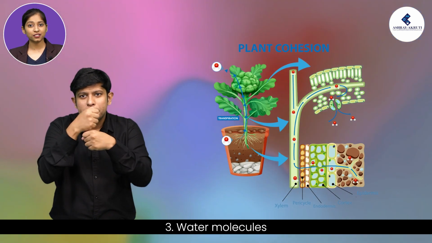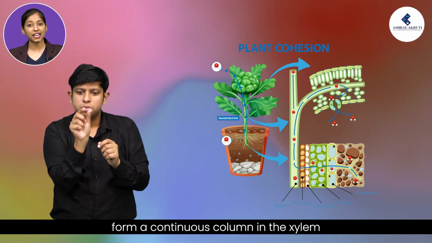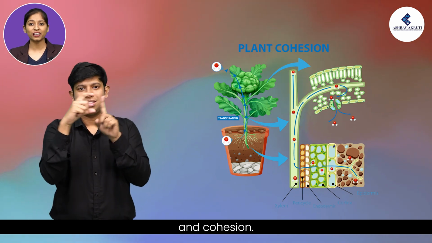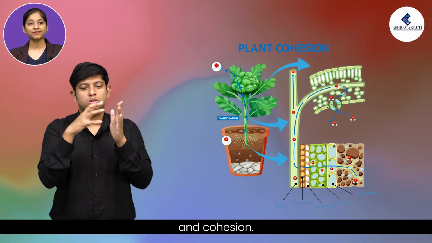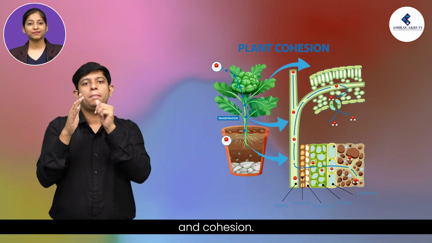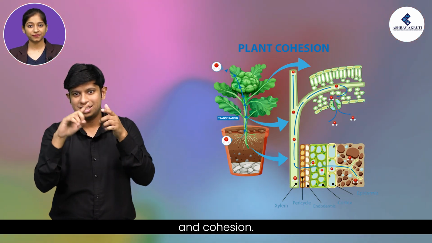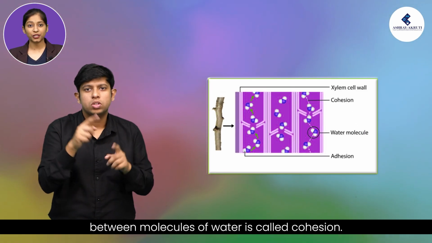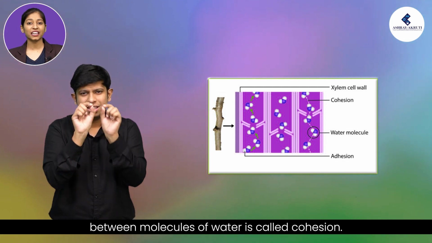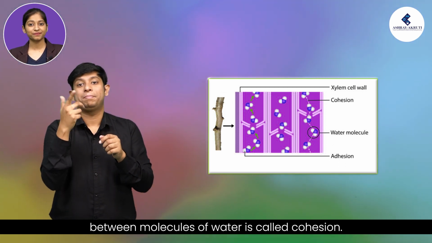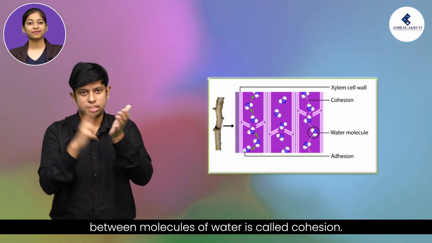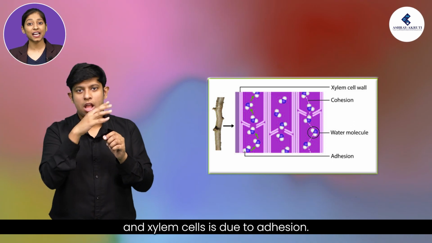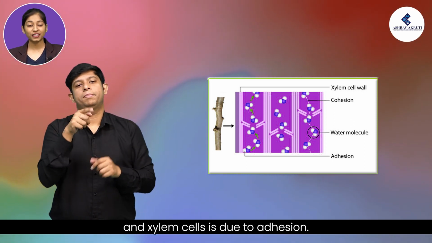Water molecules form a continuous column in the xylem because of forces of adhesion and cohesion. The force of attraction between molecules of water is called cohesion. The force of attraction between water molecules and xylem cells is due to adhesion.